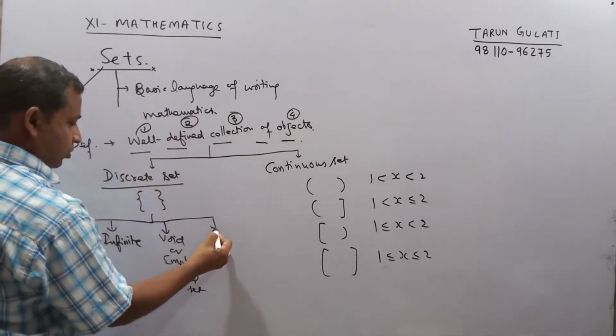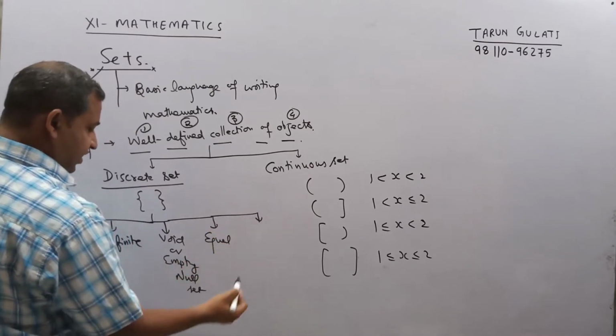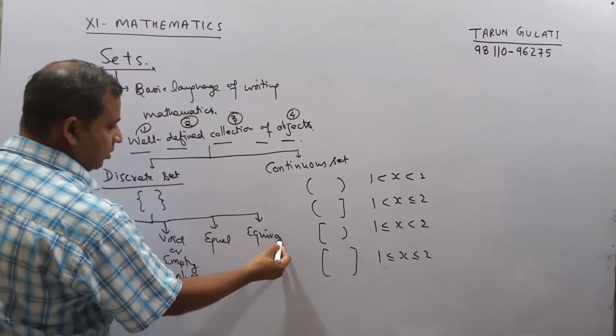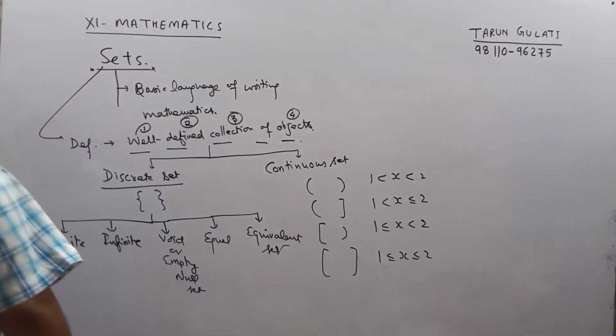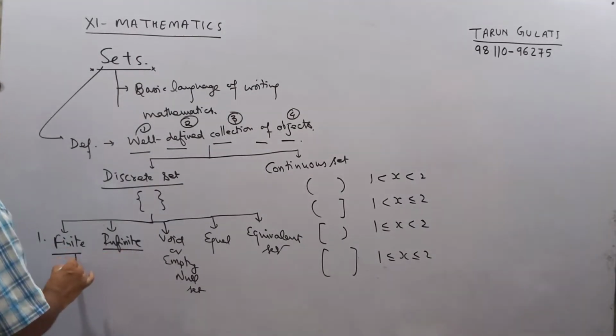And number 4, equal set. Number 5, equivalent set. Okay. Number 1, it is finite. Number 2, infinite.